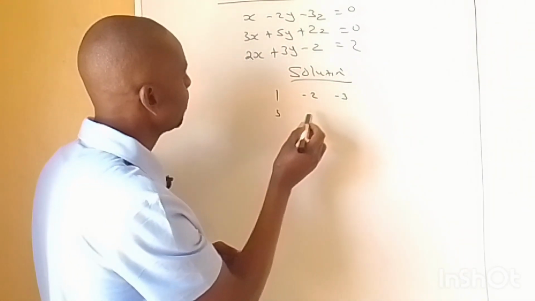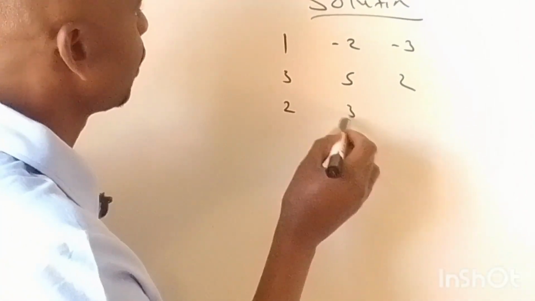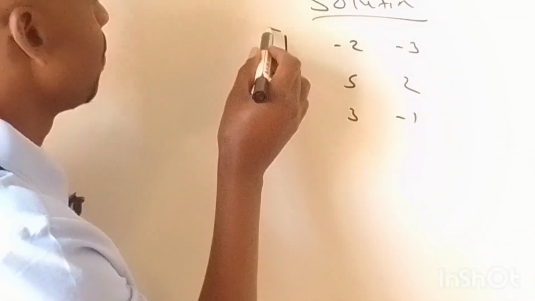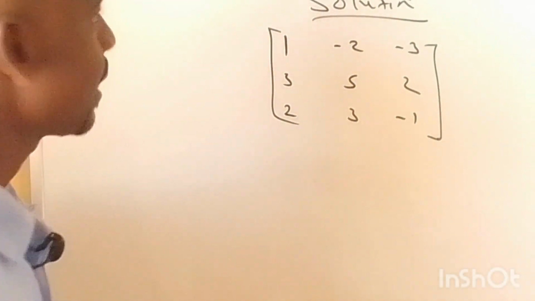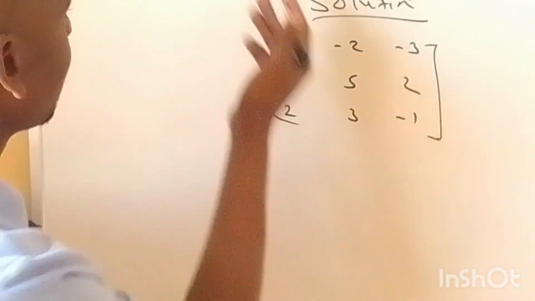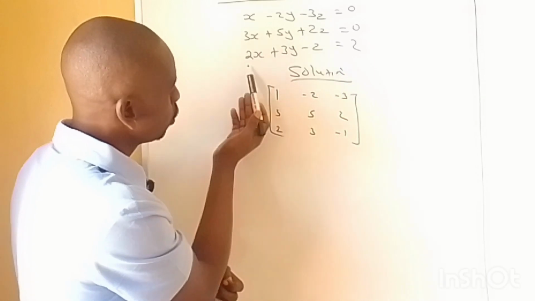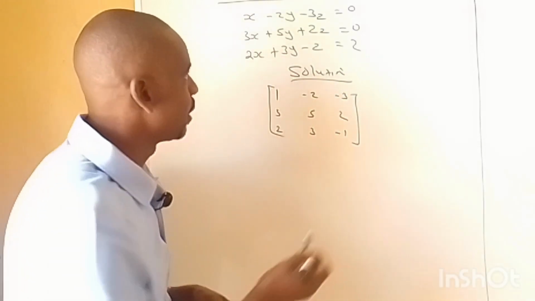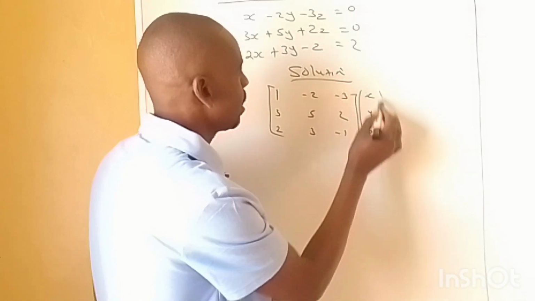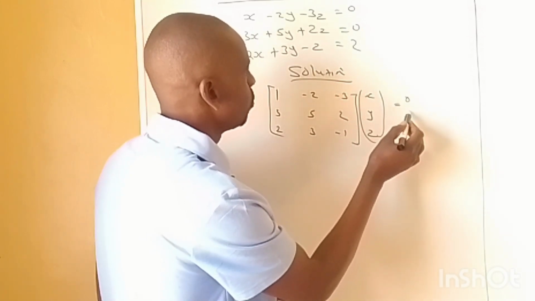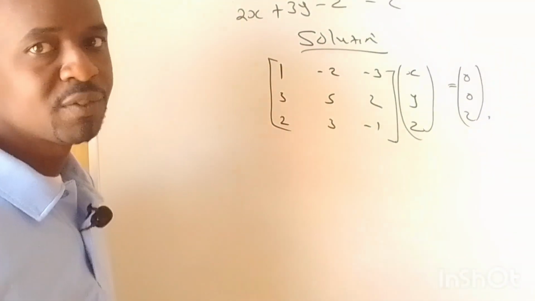Then we have 3, 5, 2. Then we have 2, 3, and -1. Those are the coefficients of the unknown values x, y, and z. As you can see, 1, -2, -3, 3, 5, 2, 2, 3, -1. And x, y, z, and then 0, 0, 2.